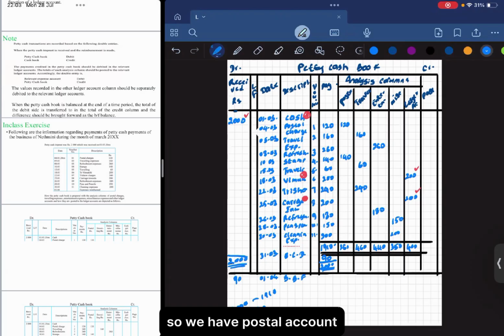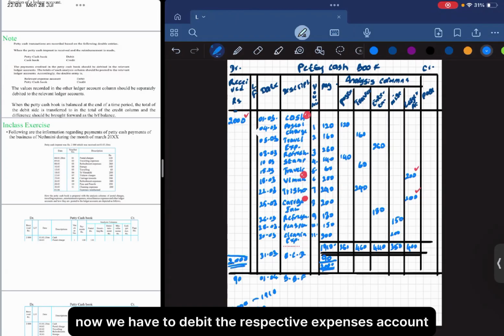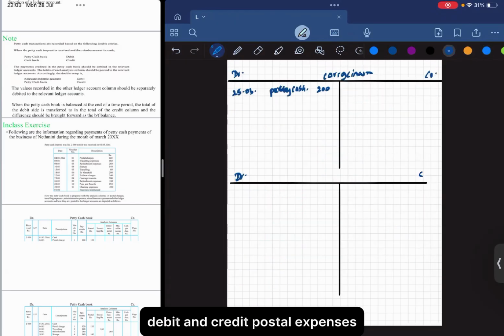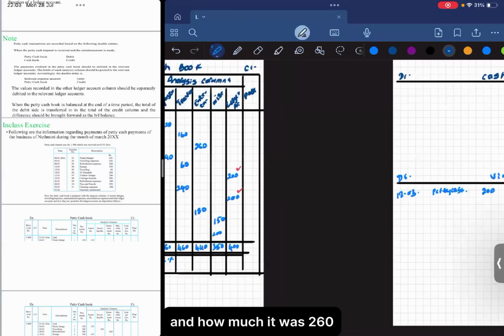So we have the postal account. We have credited the petty cash book. Now we have to debit the respective expenses account. So postal expenses, debit and credit. So 31st March, petty cash, and how much it was? 260.